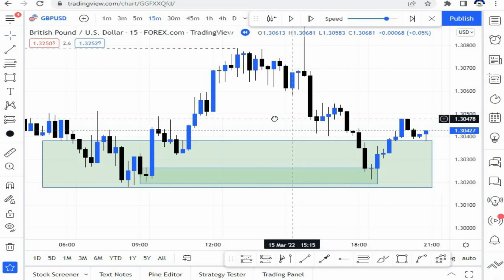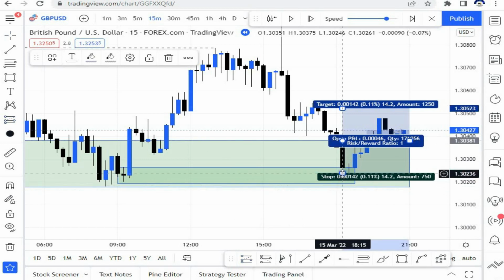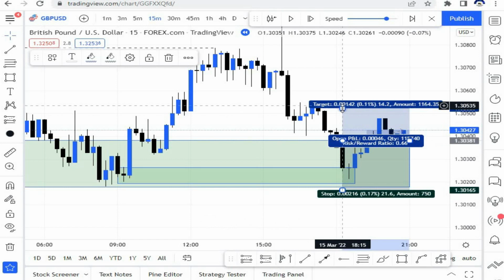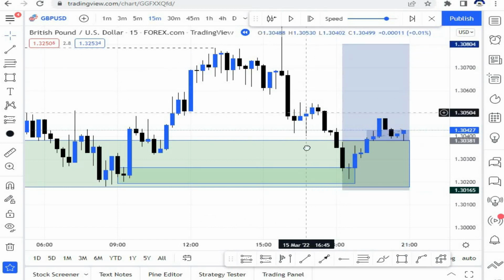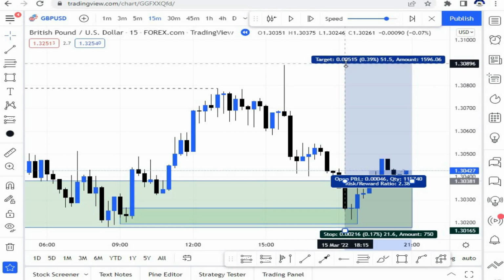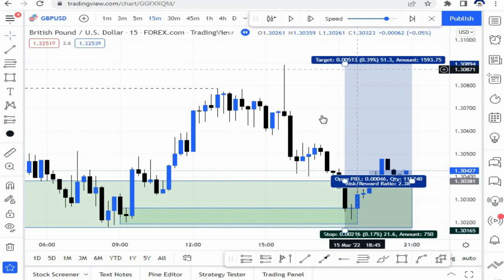But as you can see, if we can afford to risk this kind of pips, this is like 21 pips, the reward will be 50 pips, right? Risking 20 pips to get 50 pips.